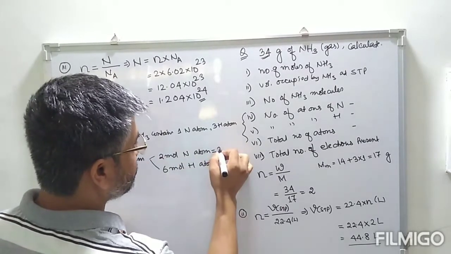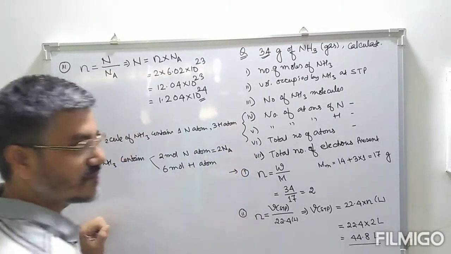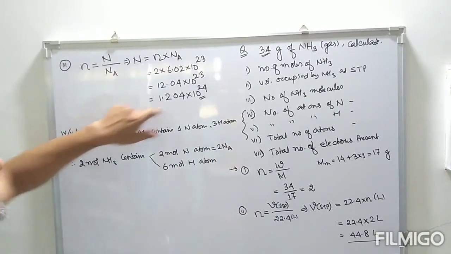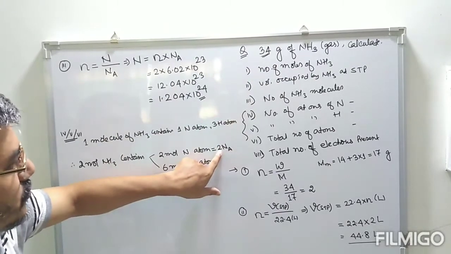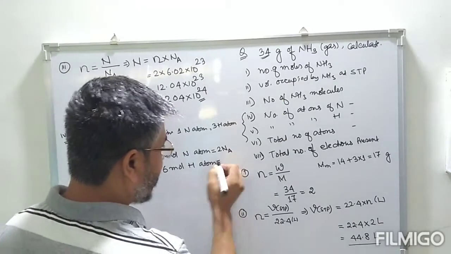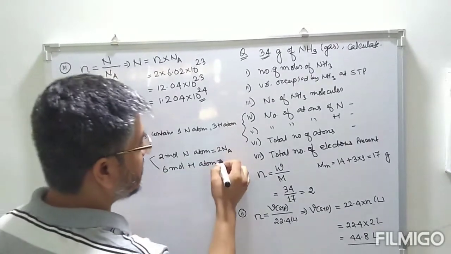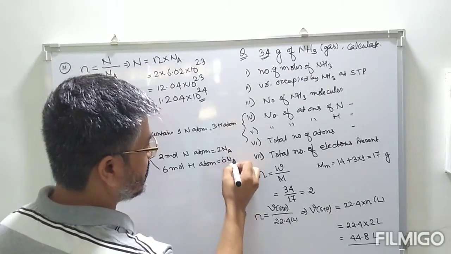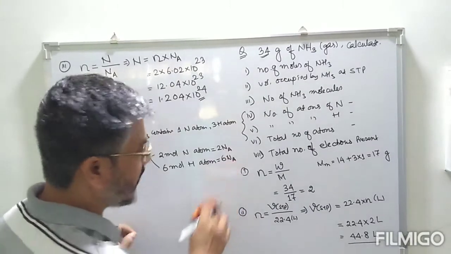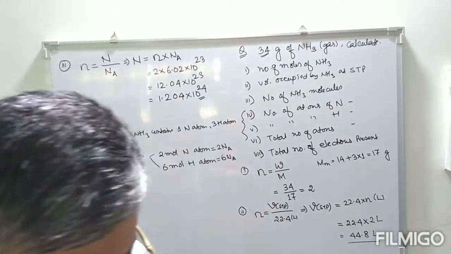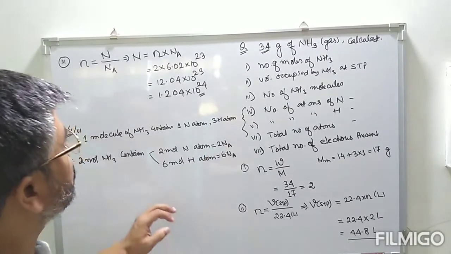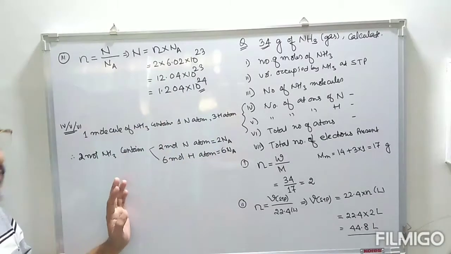So 1 mole means the Avogadro number. So 2 moles of ammonia, that is 34 gram of ammonia, contains 2 into Avogadro number of nitrogen atoms. And how many hydrogen atoms? 6 mole, that is 6 into Avogadro number. This is the number of atoms of hydrogen and nitrogen. So convert this Avogadro number into 6.02 into 10 power 23, and you get the value.